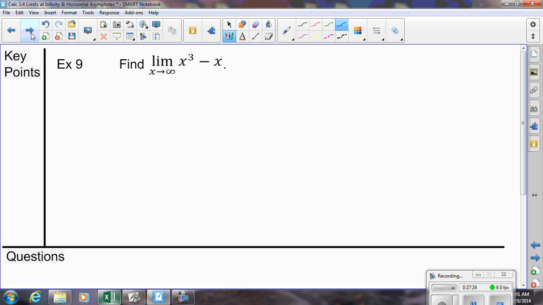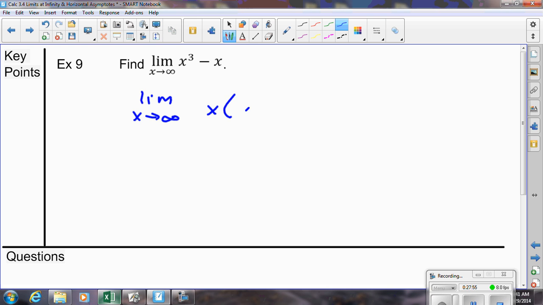What about this one? Well, we could look at this and say, if we're trying to do infinity cubed and subtract infinity, well, infinity cubed is infinity, so we're still looking at it and saying, that doesn't make any sense. Whenever you have addition and subtraction, it is frequently better to turn it into multiplication.